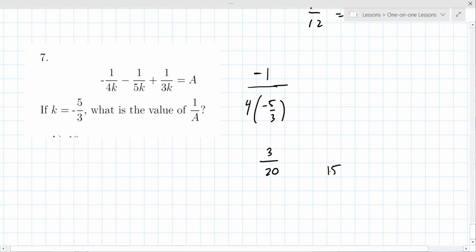What's the other one here? I got 3 over 20 plus 3 over 25 minus 3 over 15. Sorry, I'm looking at the solution. I didn't think this should be 25. Yeah, 25, and then you said 5. No, 15. Okay, this one should be 5 though.